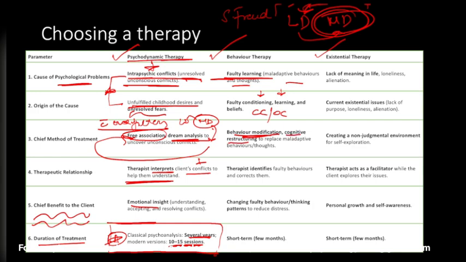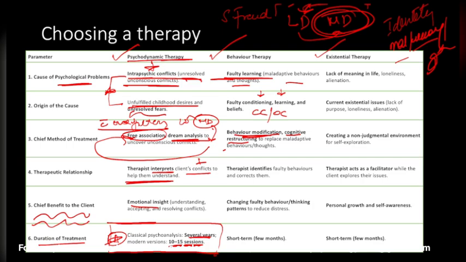What is cognitive restructuring? We first identify what the thought processes of the person are, what their beliefs are, and then we identify what is maladaptive or what is not serving the person, and then we try to change these cognitions through cognitive restructuring.